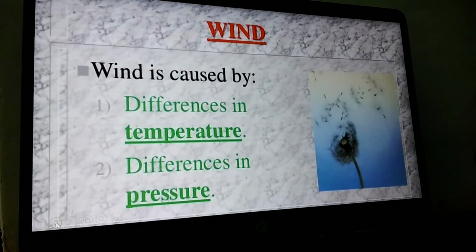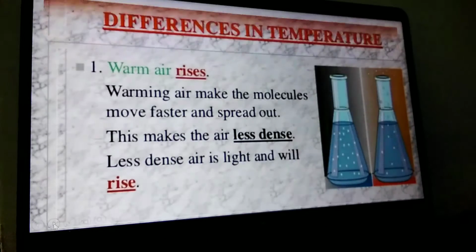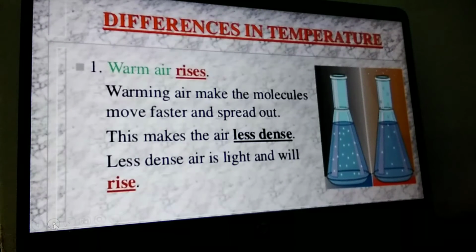Now, wind is caused due to the difference in temperature and due to the differences in pressure. Due to the difference in temperature, the warm air rises. Warm air makes the molecules move faster and spread out.